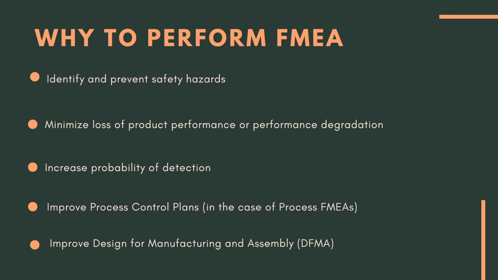Discovering a failure early in product development using FMEA provides the benefit of identifying and preventing safety hazards, and minimizing loss of product performance or performance degradation. Also, we benefit from increased probability of detection, improved process control plans in the case of process FMEA, and improved design for manufacturing and assembly for design FMEA.